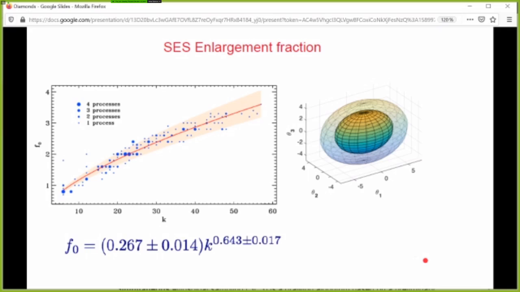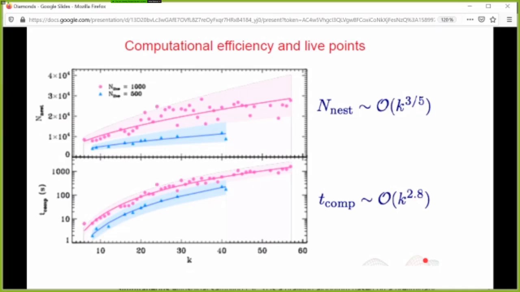So one of the remarkable results is the computational efficiency of the DIAMONDS code, which is shown in terms of the number of nested iterations at the top, the number of nested iterations required to converge to a solution, and the corresponding computation time at the bottom, in this case referring to a 2.7 gigahertz single core computation and a data set of about 2000 data bins.